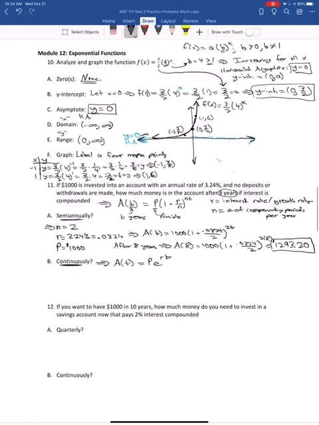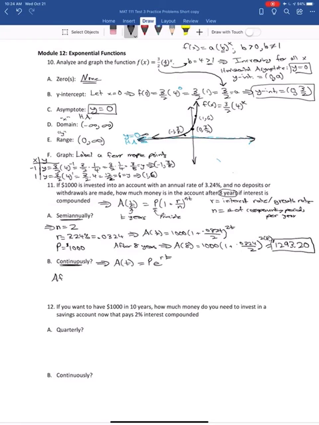E is our natural number, 2.718. You look at it as a decimal, it's an irrational number. Your TI has your natural number E on there, so you can work with that easily. But let's find out what we would have in 8 years.